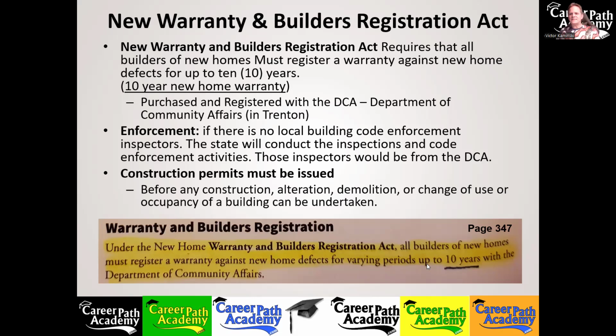That's what that means. It is a 10-year warranty. But for varying periods, different things are covered for different periods of time. That's what they mean by against new home defects for varying periods of up to 10 years. But the warranty itself is a 10-year warranty.